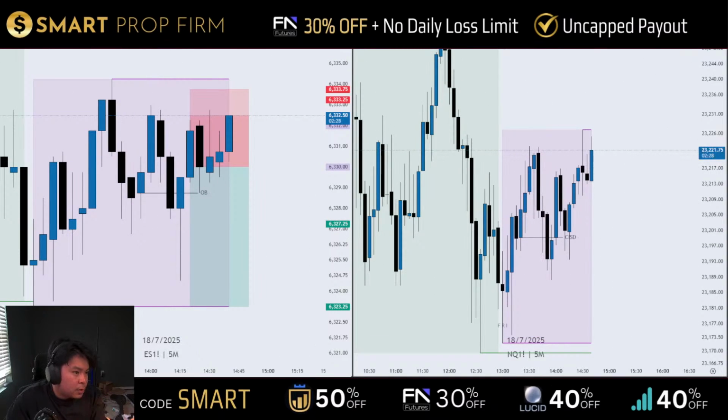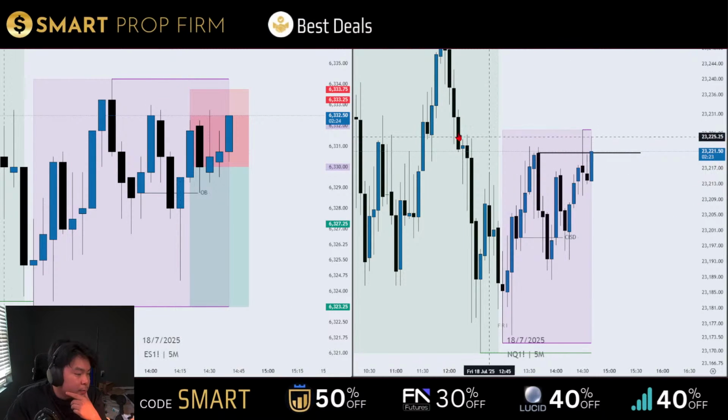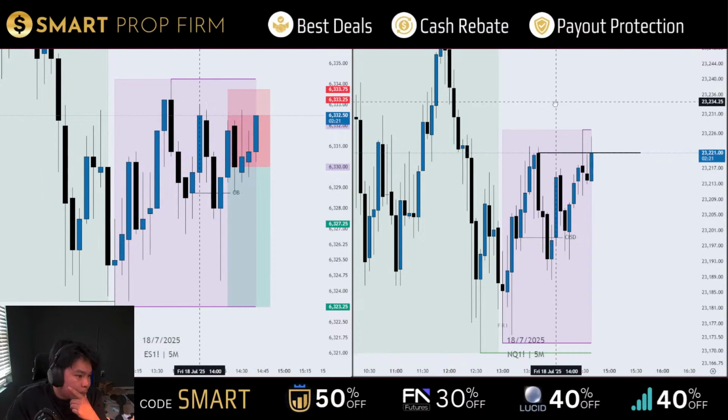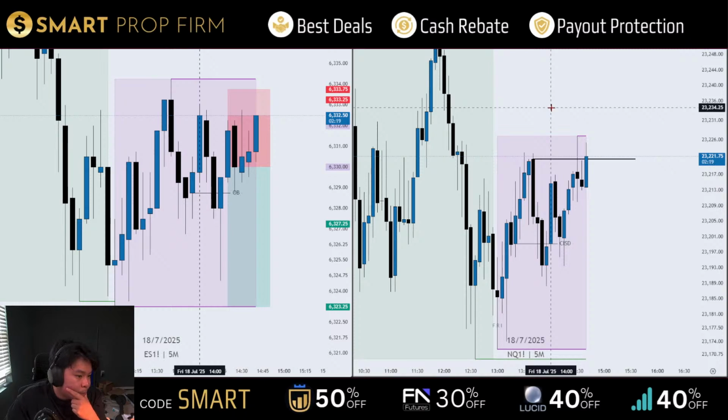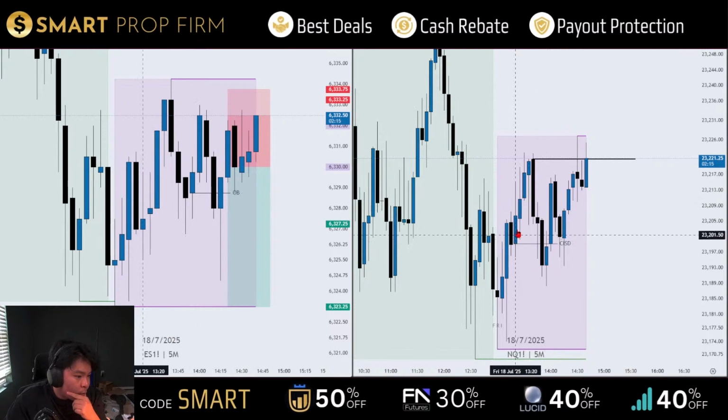If we get closure here on the 5 minute and 3 minutes, we might actually get some movement up. You can mark this as a breaker too.